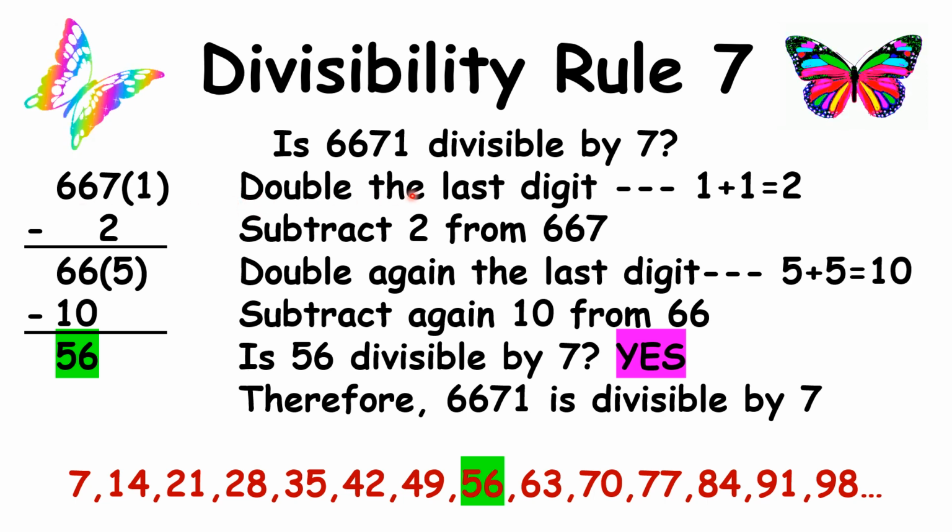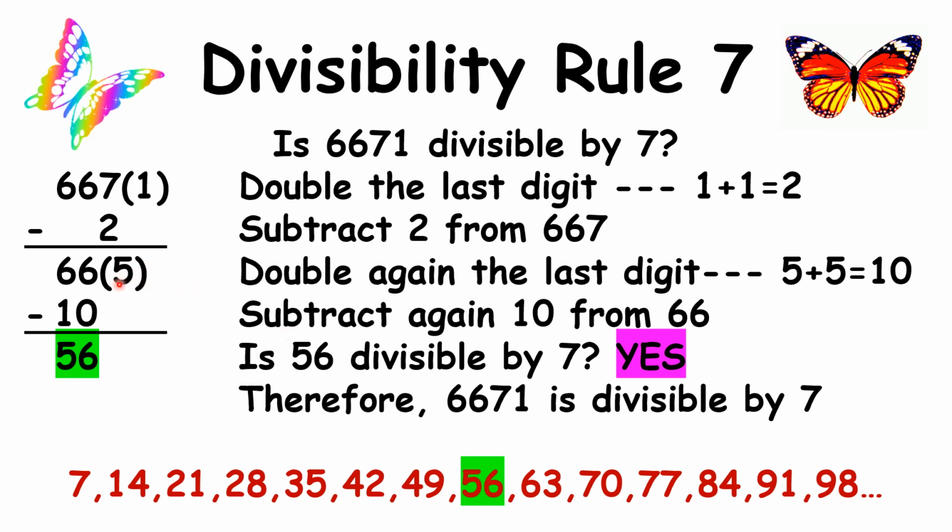First step, double the last digit. 1 plus 1 is equal to 2. Then, subtract 2 from the rest of the number, which is 667. 667 minus 2 is 665. Then, repeat the process.